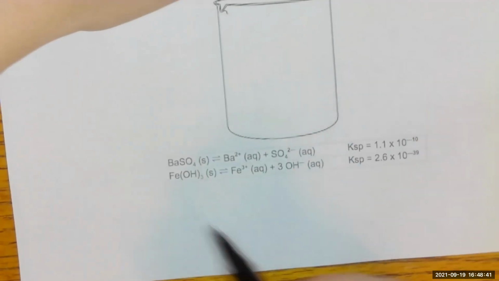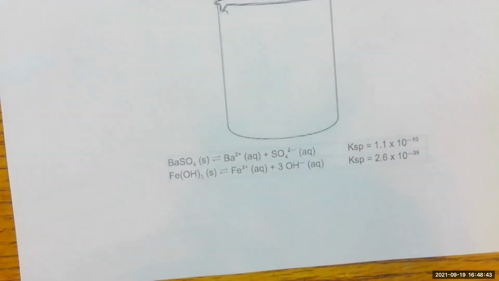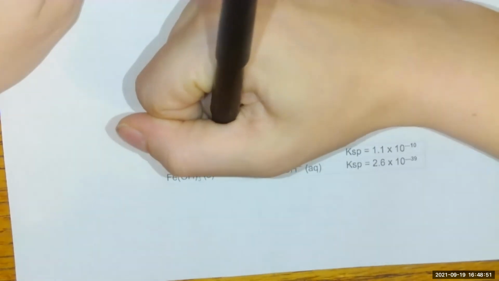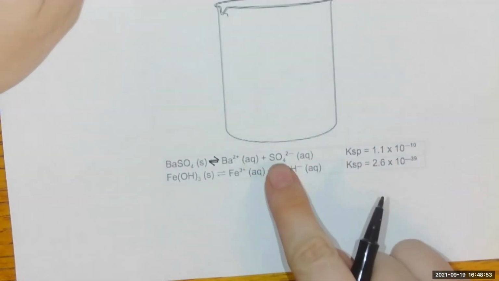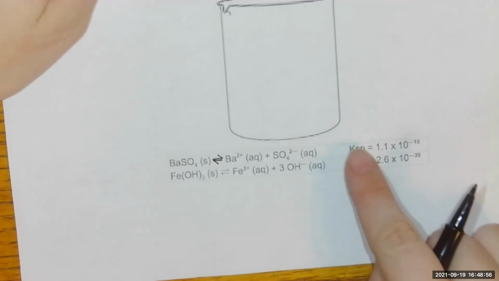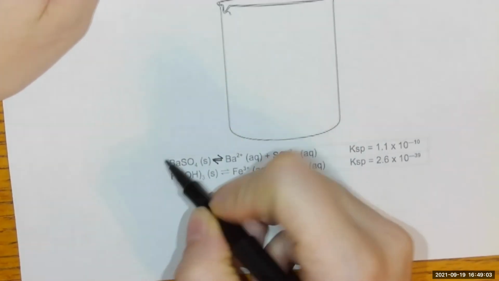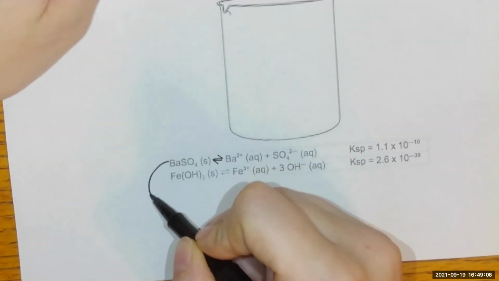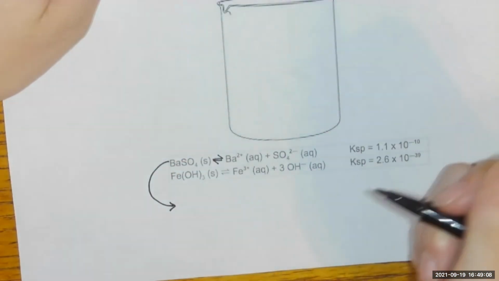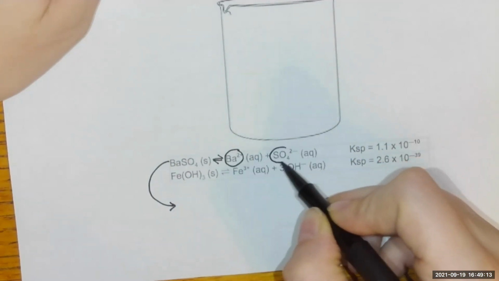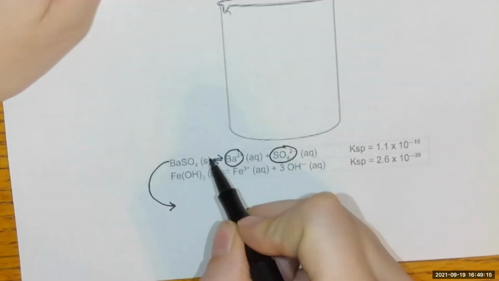Okay, so for barium sulfate, I'm going to use a different color. Barium sulfate, solid, equilibrium, barium sulfate. That's the K value. What would be the K expression? Well, the K expression down here, I'll write it down below, would be products over reactants, get rid of the solid.